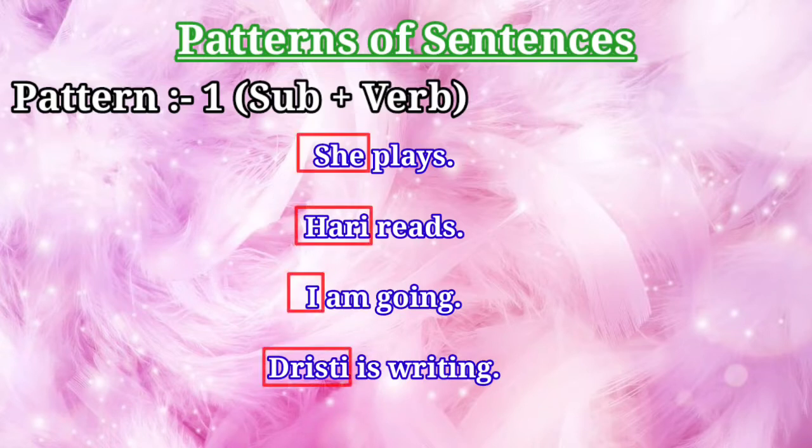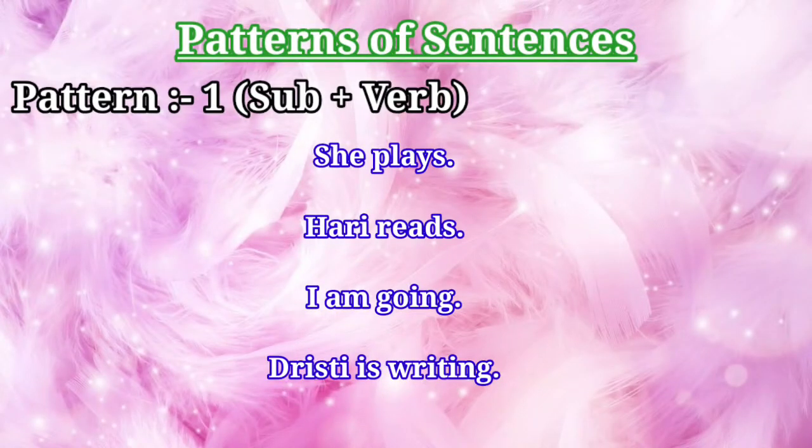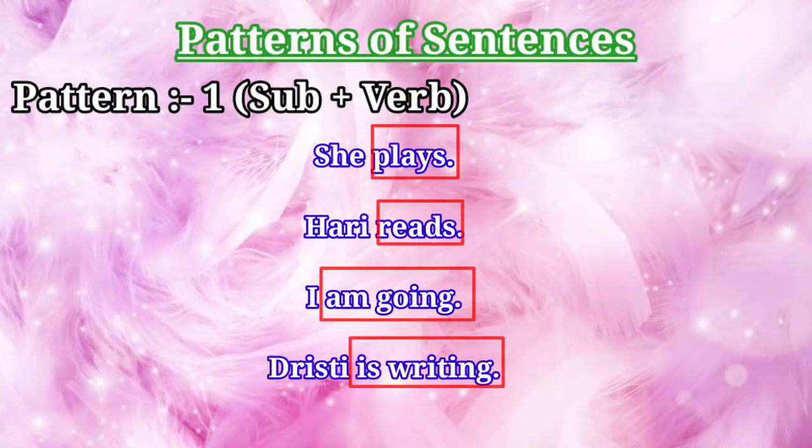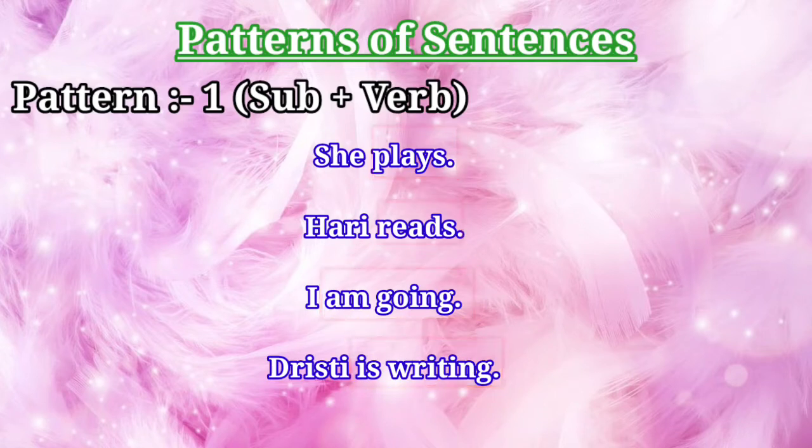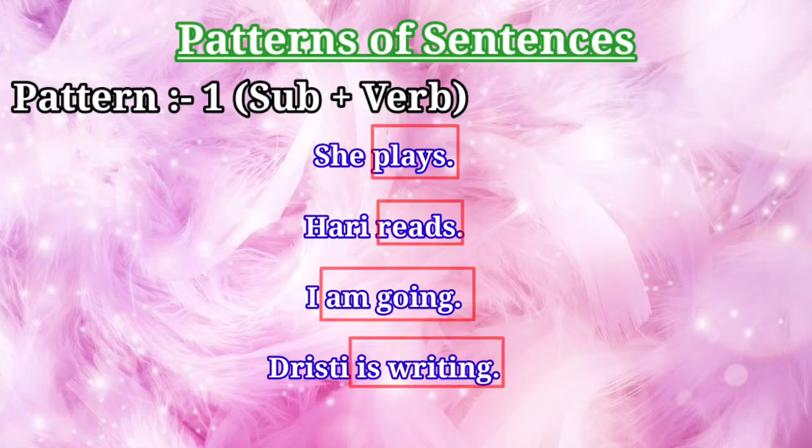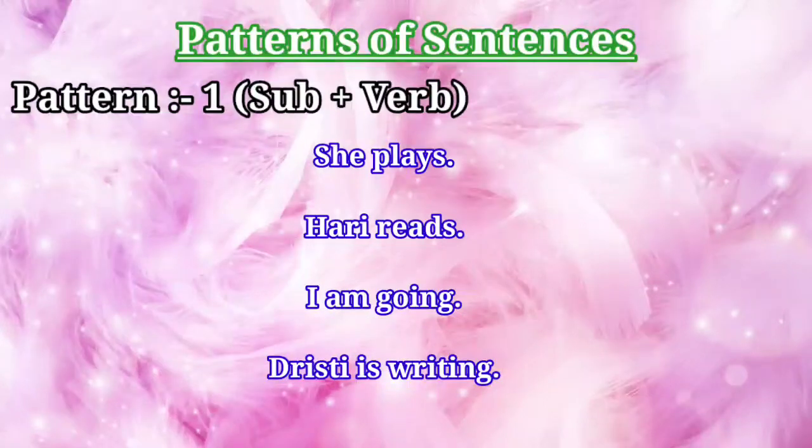Clear? Now, as I told you, the action words, which means verbs, are plays, reads, is going and is writing. Clear children? Okay. So this much only about the first pattern, subject plus verb.